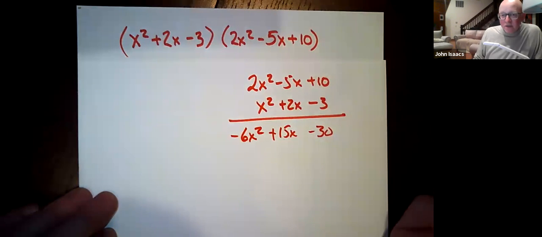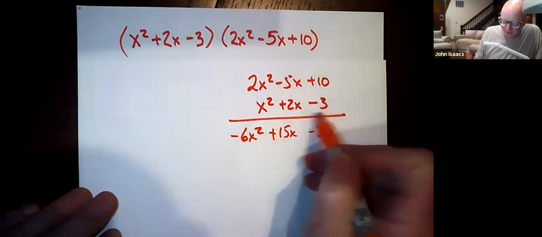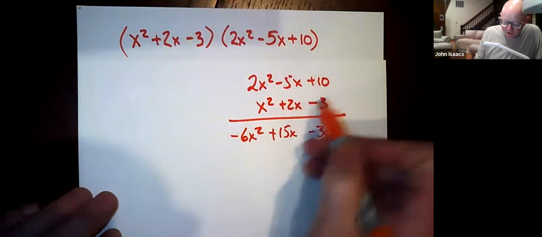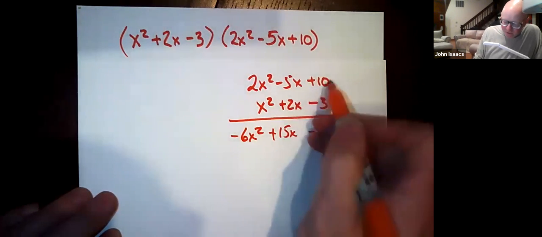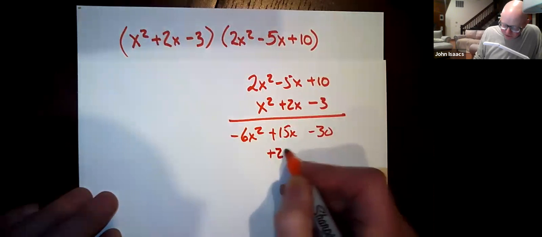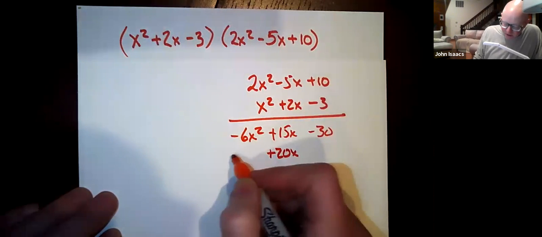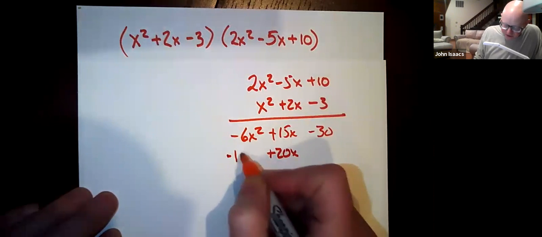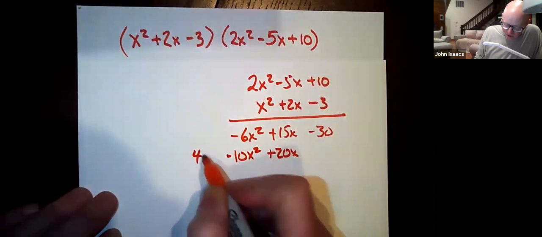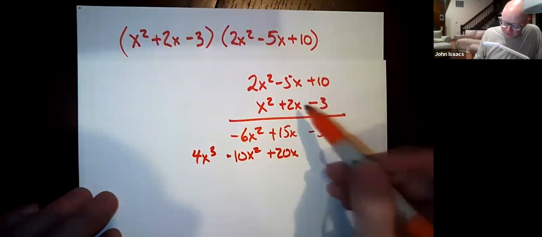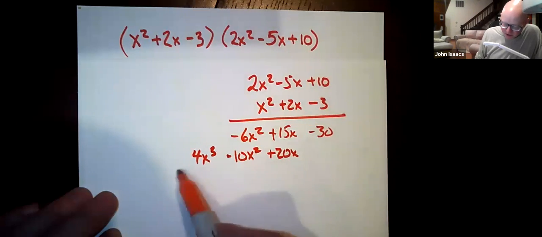I'm doing the stacking method, right? So once I've done this, once I multiply the negative 3 by all this, I'm going to multiply the 2x by all this. I'm going to leave this space open. 2x times 10 is plus 20x, minus 10x squared and 4x to the third. I just multiplied 2x by these three things and got these three things.